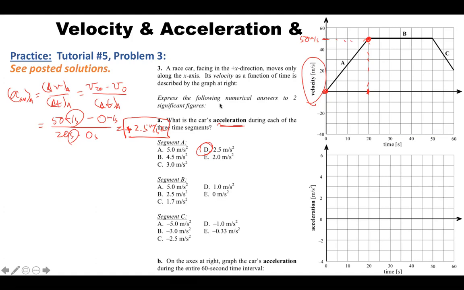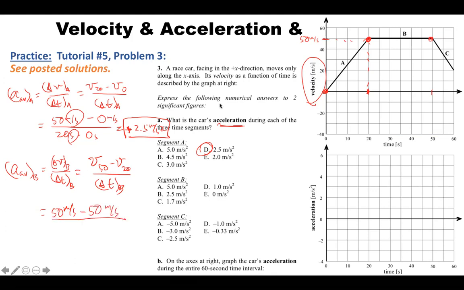Okay, now for segment B, we could do the algebra, and it would look something like this, although I'm probably not going to finish it. The velocity at 50 seconds minus the velocity at 20 seconds divided by the amount of time that elapses. Well, all right, let's go ahead and finish it. It'll only take a moment. The velocity at 50 seconds, reading it off the graph, is 50 meters per second, but the velocity back at 20 seconds was exactly the same.